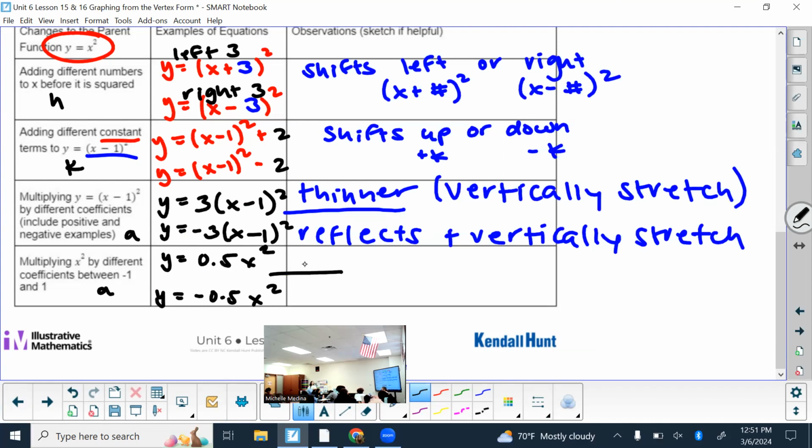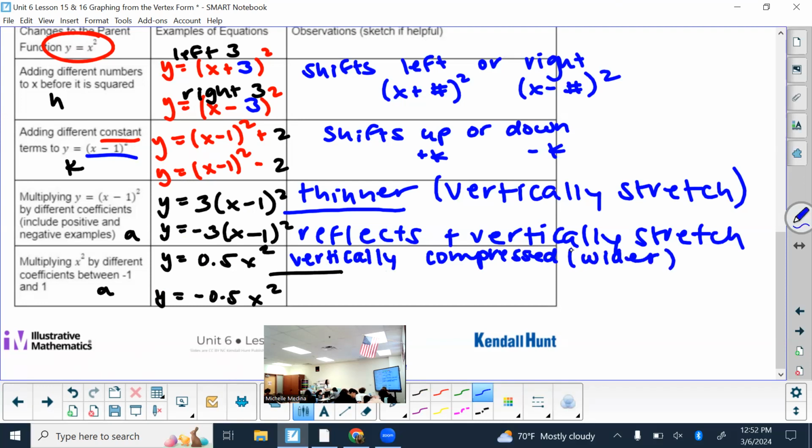Anyone want to make a prediction? Do you think it'll move it up, down, left, or right? What would it probably do? Good, vertical compression is how we actually call it, but yes, it's vertically compressed, which does mean that it is getting wider.